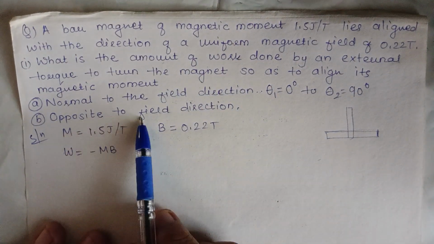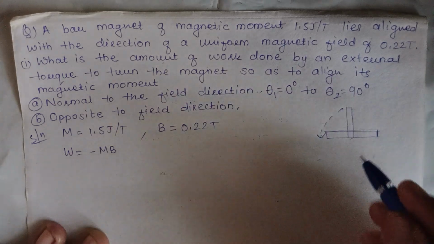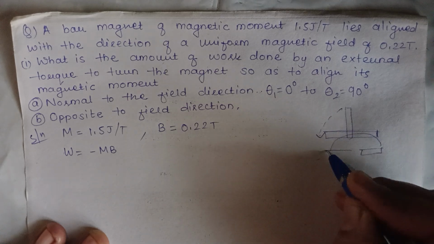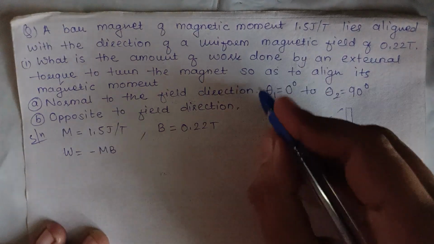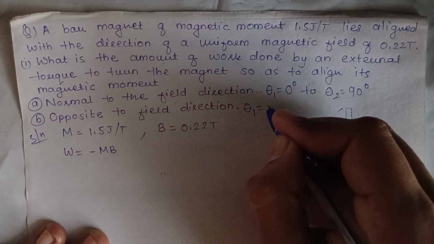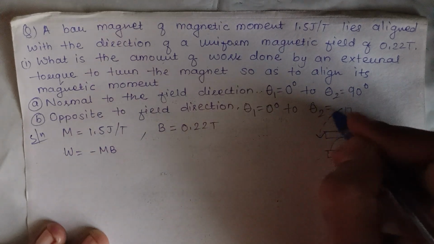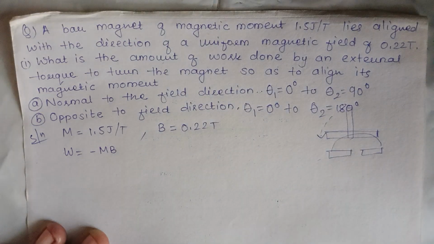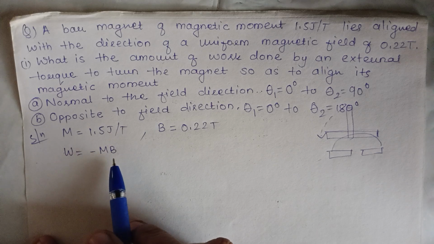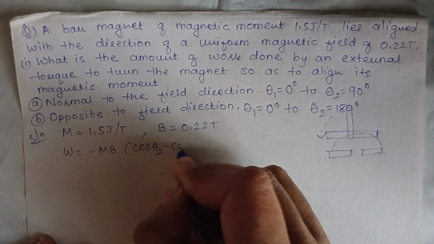And opposite to the field direction means we are moving this to the opposite direction. If it was like this earlier, then I am moving it to this opposite. So theta 1 is 0 to 180. Then our work done is given by minus MB into cos theta 2 minus cos theta 1.